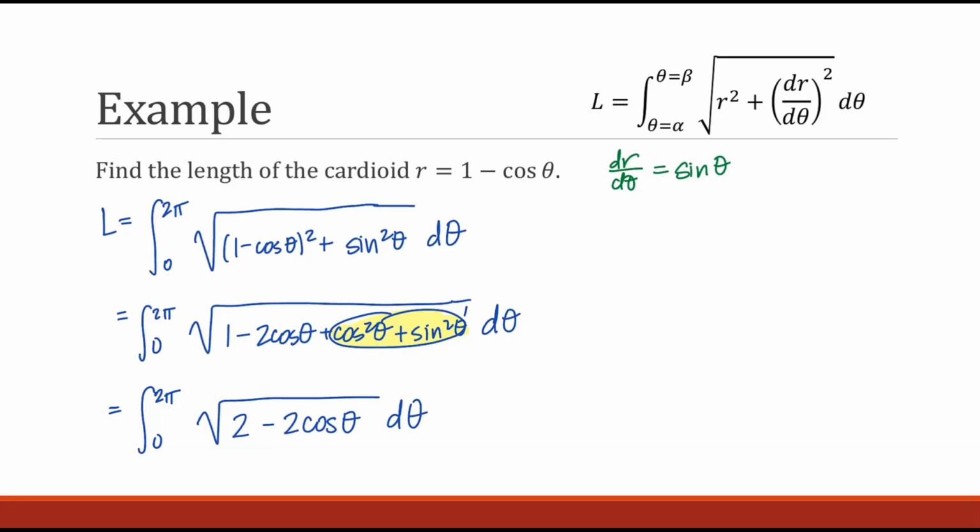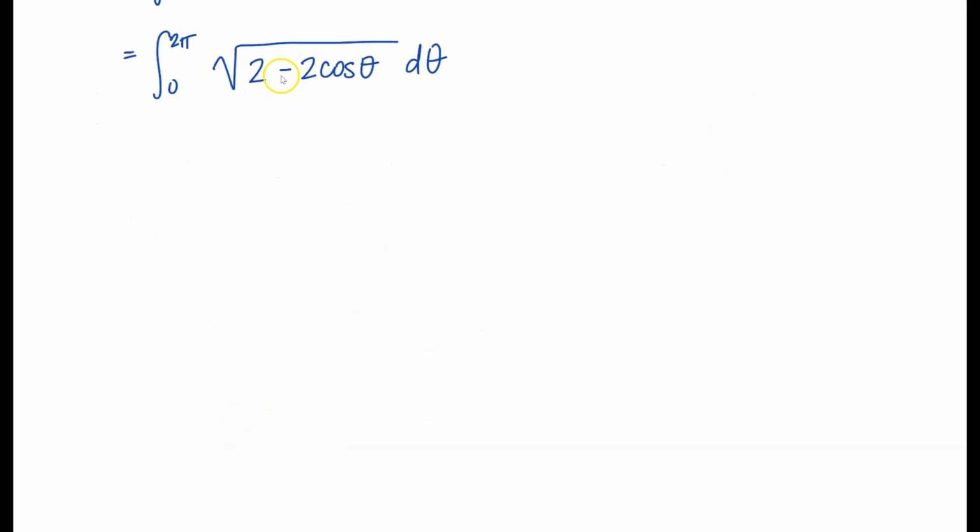And right here, we might feel a little bit stuck. So how do I go about integrating this? Well, ideally, I would like some quantity squared underneath a square root. That would be ideal, so that the square root and the squared cancel. So let's actually factor the 2 that's underneath the radical in both terms here.